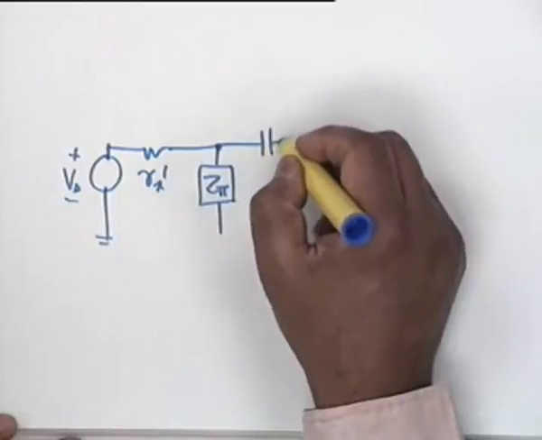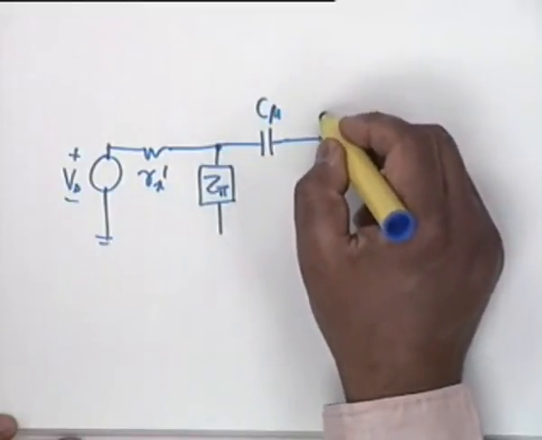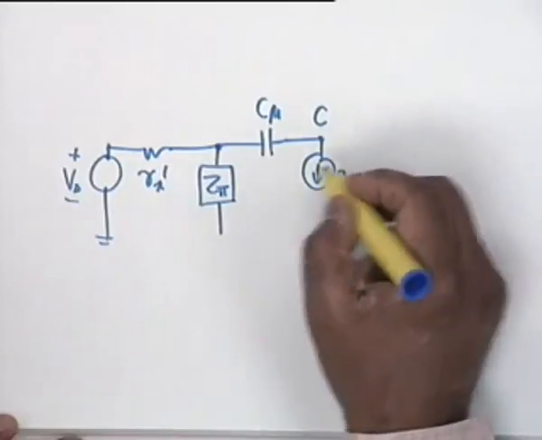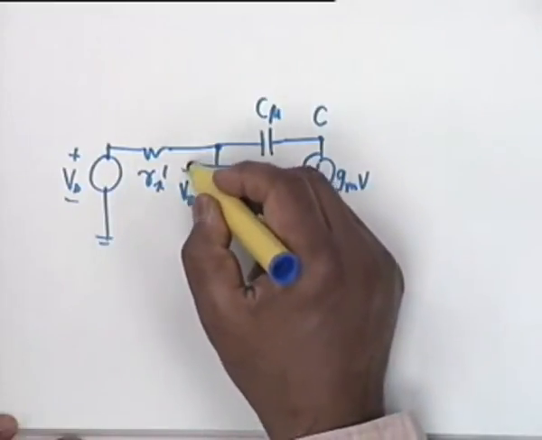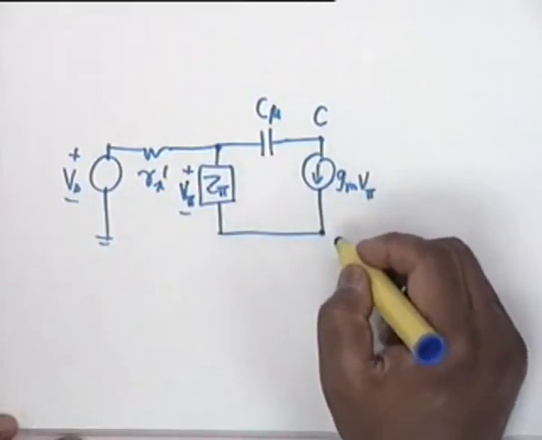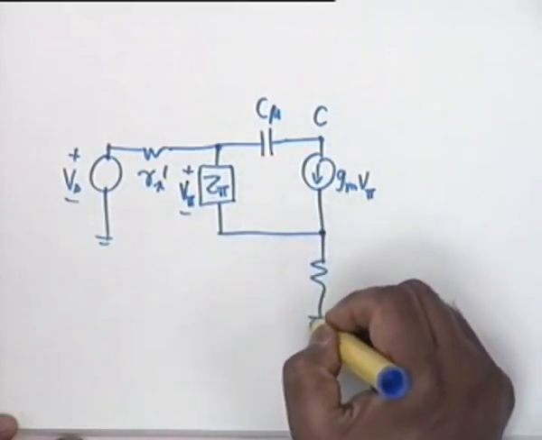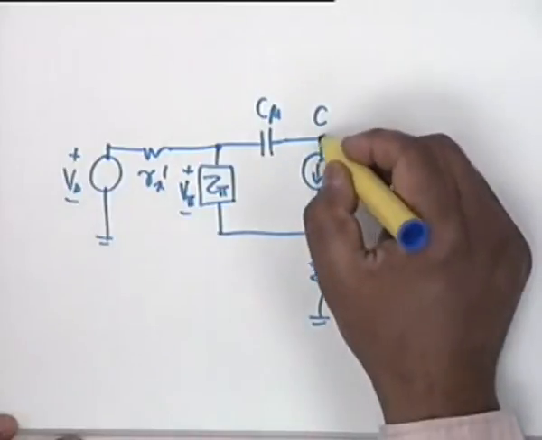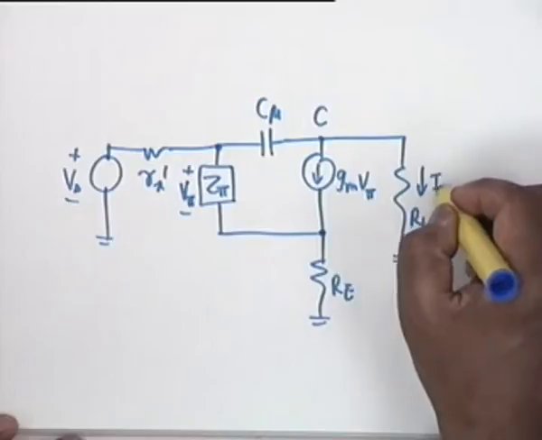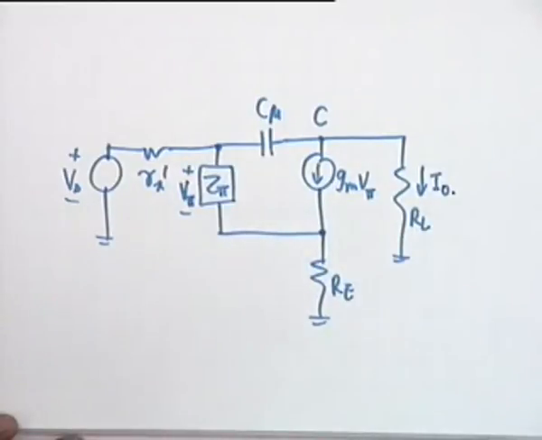Then we have the C mu. This is the collector. The collector sends a current to GMV. This is V pi, V pi, V pi, and this resistance is RE. This goes to RL, and this is our current I0. This is the equivalent circuit.